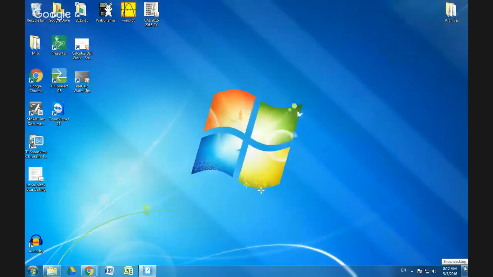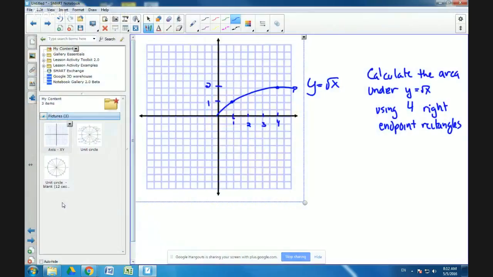That would be something that you would have to interpret there. That's kind of a problem statement. So, we're going to use 4 rectangles, and they have to be what's called right endpoint. It means it's on the interval 0 to 4.